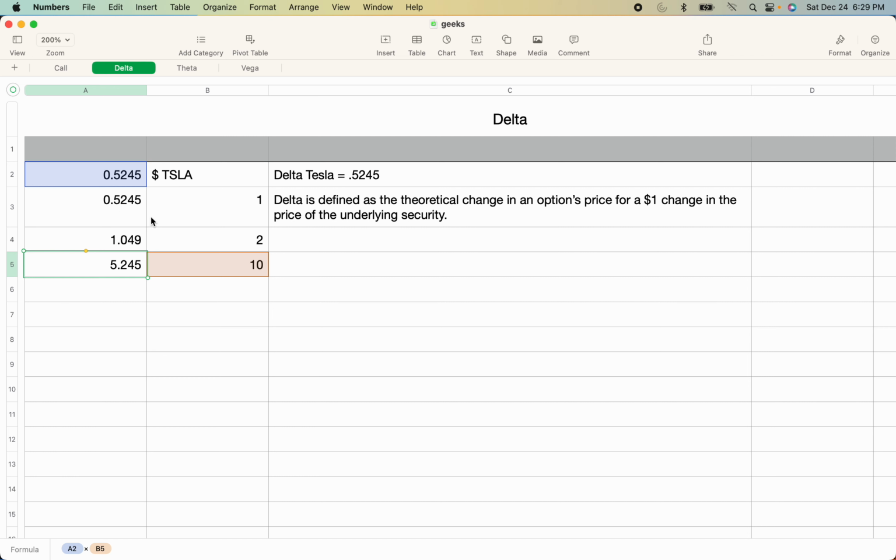And if it goes up by $10, then the price of the option would go up by $5.24. So approximately a $1 increase in the price of Tesla shares will cause about a 52 cent increase in the price of that particular option. That's how the delta is priced, and that is how you can understand the delta.